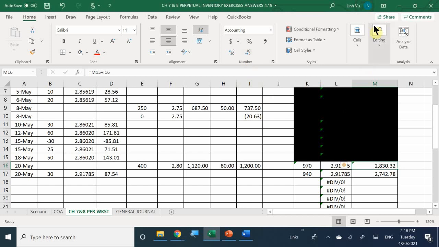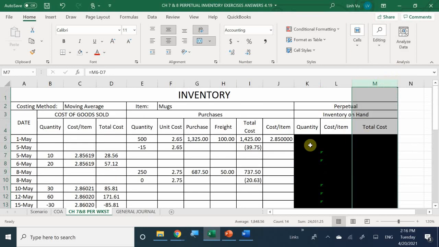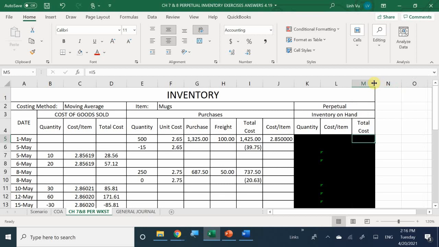I'll download it and see what's going on. I think it's from the very beginning; I don't think I rounded this number here. You want to be very careful, because sometimes when you don't round your numbers, it's going to throw you off.